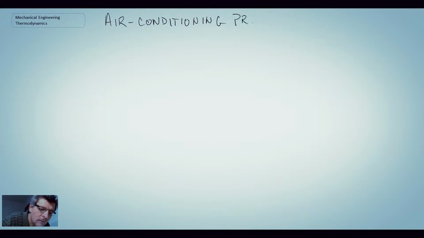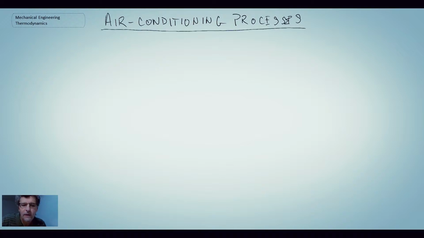The next topic that we're going to take a look at is that of air conditioning processes. Now these fall under the area that we call with an acronym, HVAC: heating, ventilation, and air conditioning.